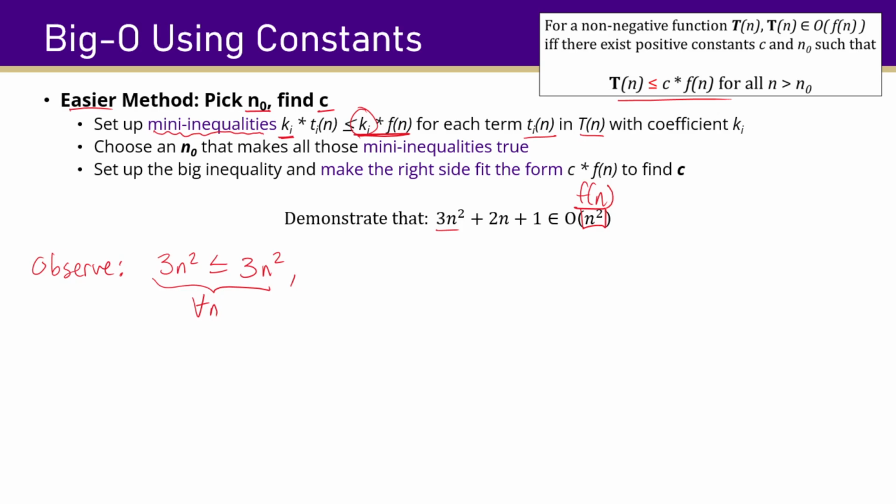We'll also observe that 2n, now the second term, is less than or equal to 2, the same coefficient, times n squared, or f of n. And this is true for n greater than or equal to 1. It's a pretty simple thing to prove. Can I prove that 2n is less than or equal to 2n squared for n greater than or equal to 1?